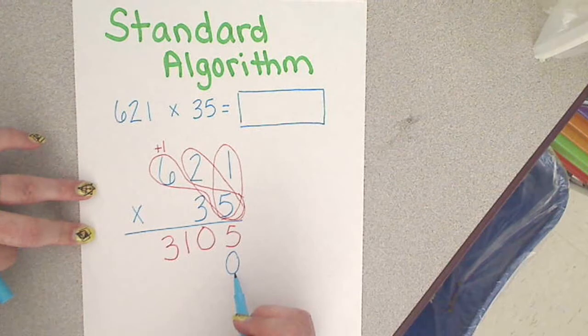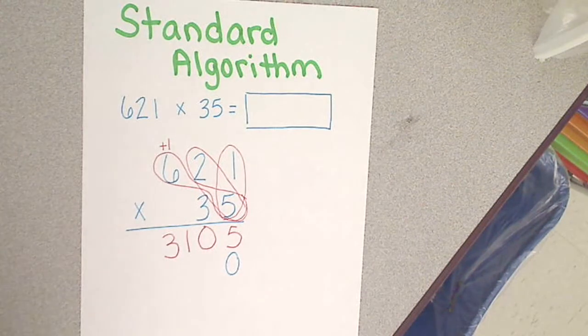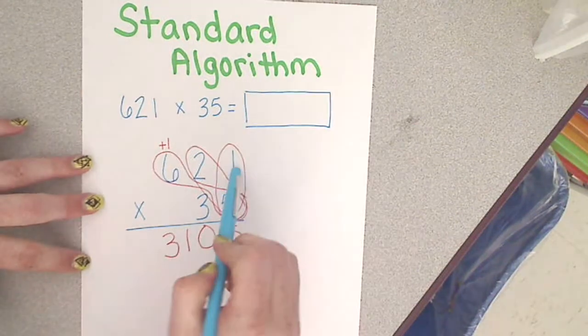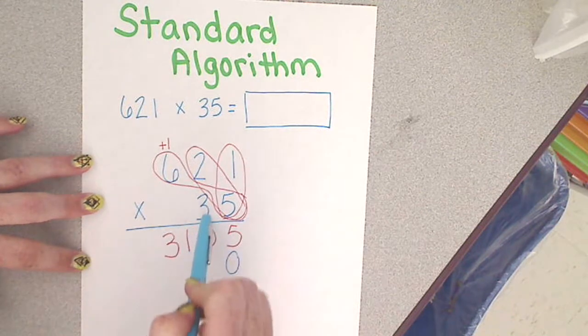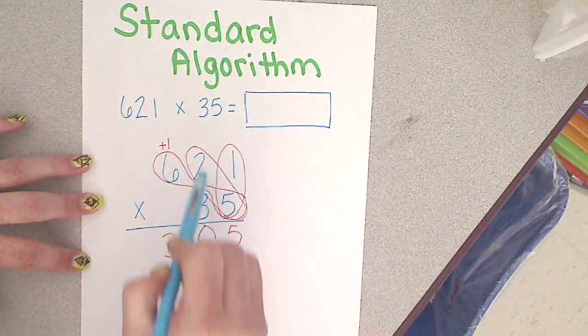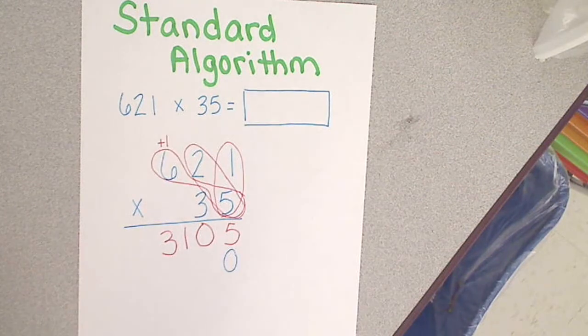So this 0 is allowing us to multiply just a very simple one number by one number instead of multiplying 1 times 30, 2 times 30, 6 times 30. It's simply 1 times 3, 2 times 3, 6 times 3. So that 0 is the placeholder that allows us to not have to worry about multiplying by a value of 10.